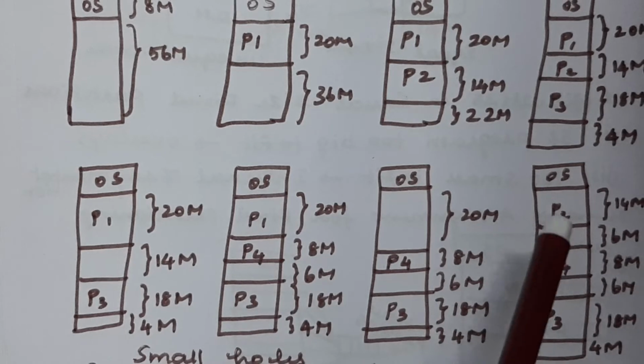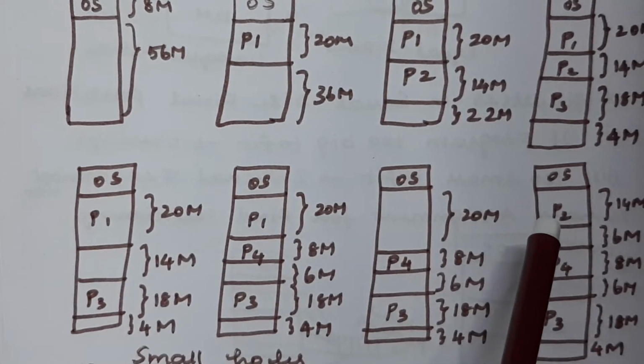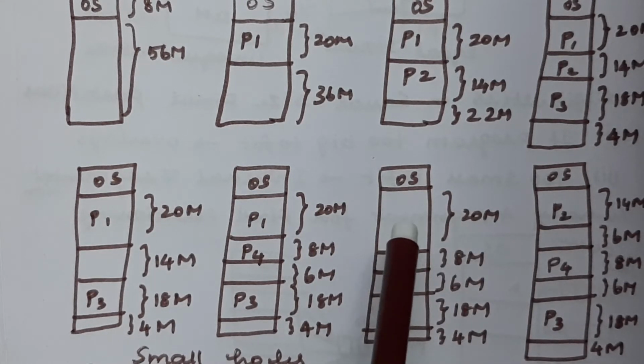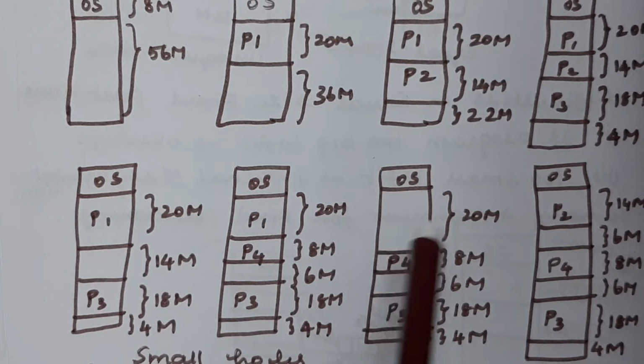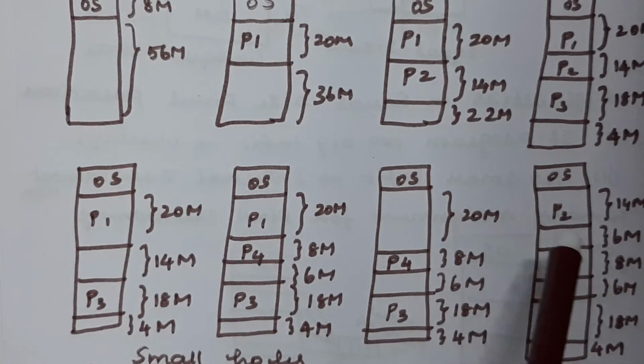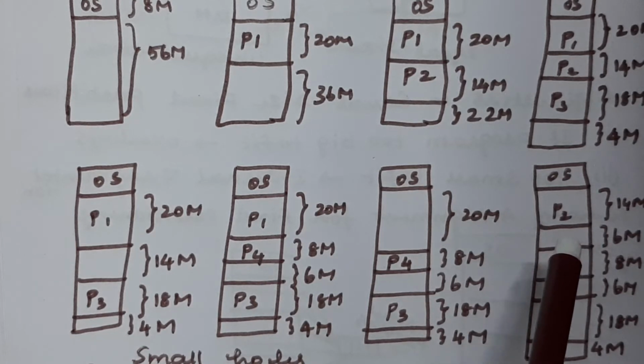For that we swap out the first process, P1, and afterwards swap in the P2 process, because its size can be stored only in the first partition. And after holding the P2 process, again some part of the memory belonging to that same partition will be left free.